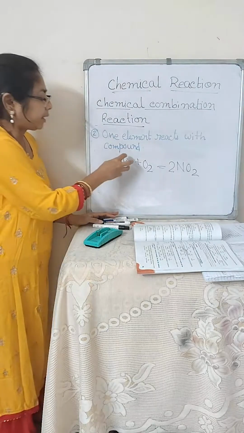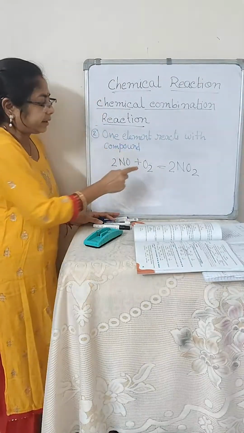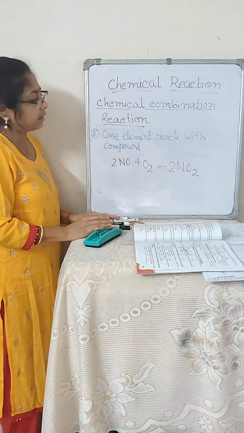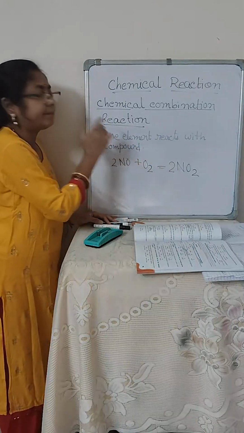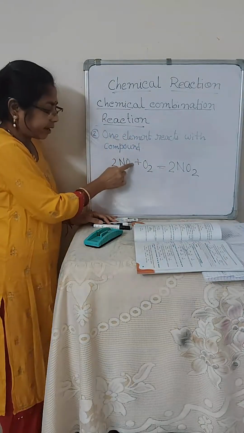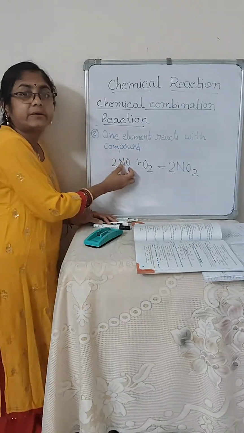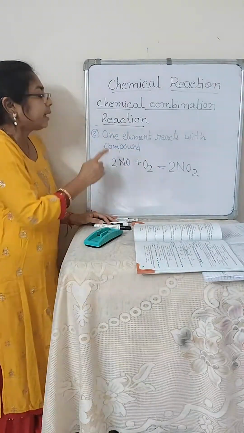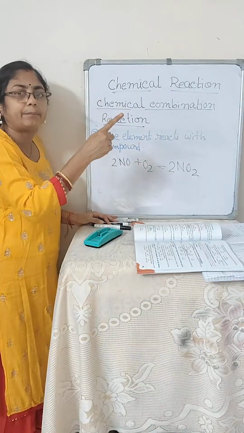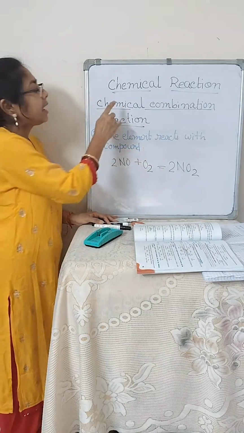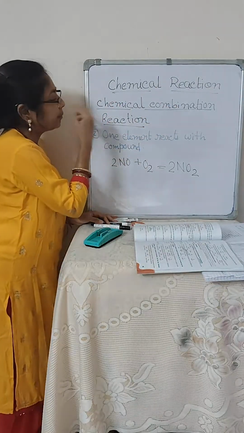Here, look, one element, oxygen is the element, and with compound, here NO. This is nitric oxide, it is a compound. Here one element and one compound participate in this chemical combination reaction.